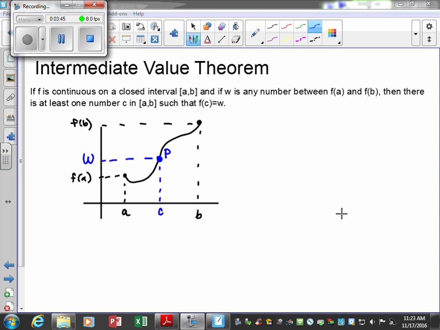If we extend that and say f is continuous on a closed interval from a to b, and w is any number between f of a and f of b, then there must exist at least one number c in between such that f of c is equal to w.